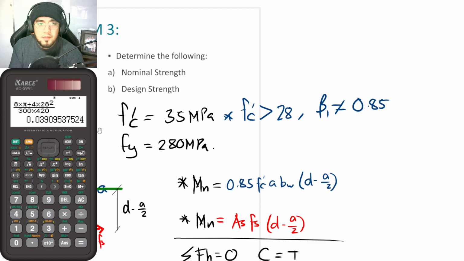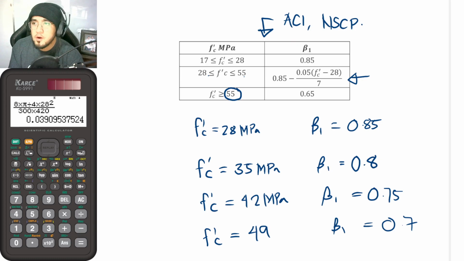So either you make use of the logic that I defined earlier. For F prime C equal to 35 megapascal, our beta 1 should be 0.8.